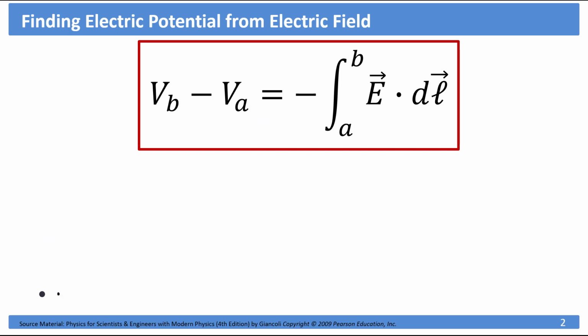Maybe I should summarize what this expression is telling us. If you go from point A to point B, for the time being, let's imagine that you follow a path like this. We are going to have to divide this path into many dl vectors, which are infinitesimally small displacement vectors. Imagine that this is one of them.